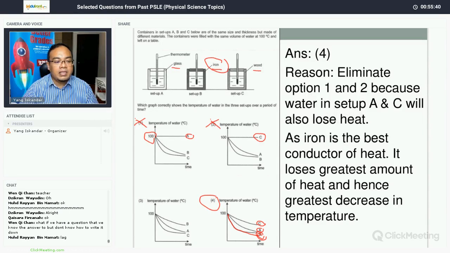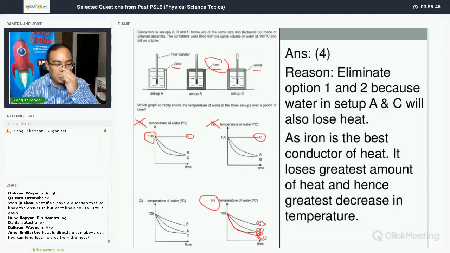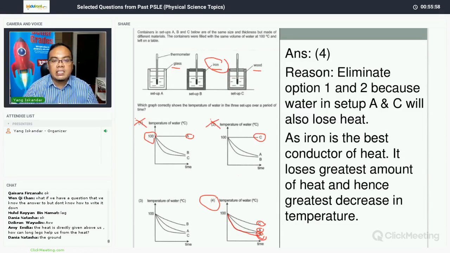All right, everyone. Okay, last question. Wenqi asks, what if we have a question that we know the answer but don't know how to write it down? Okay, so Wenqi, if I get you correctly, if you see a science question, in your mind you think you know the answer, but you do not know how to answer.